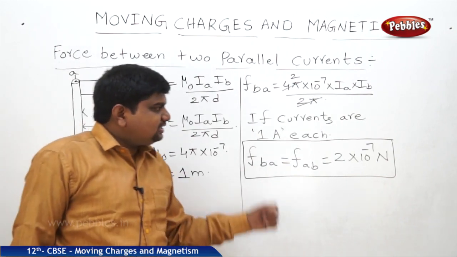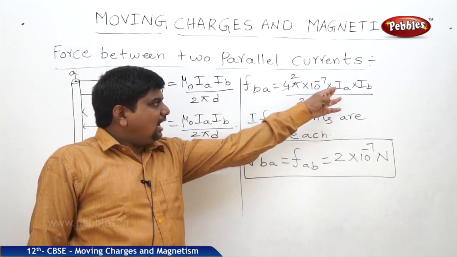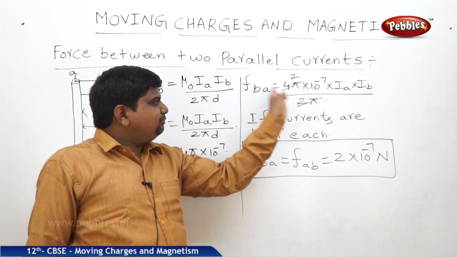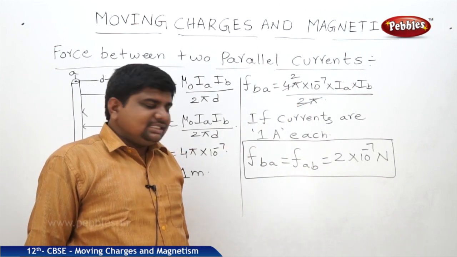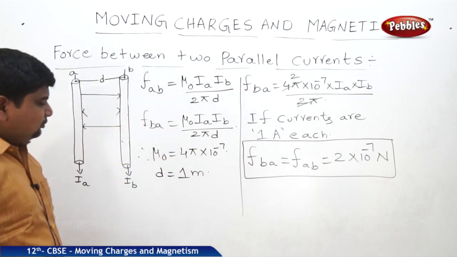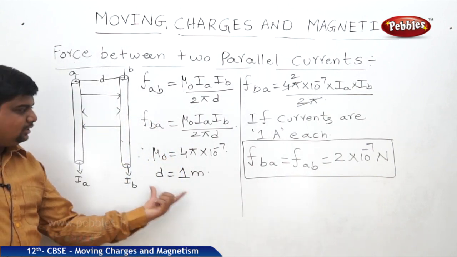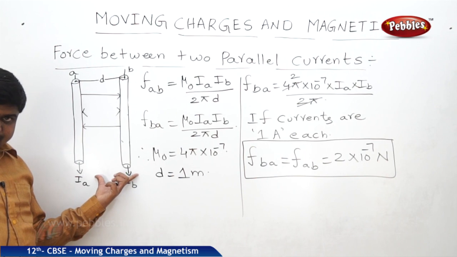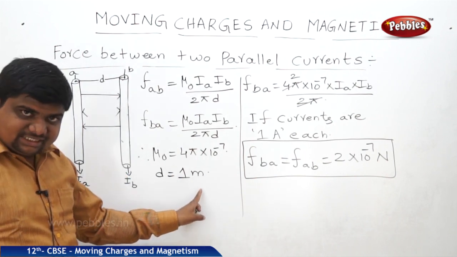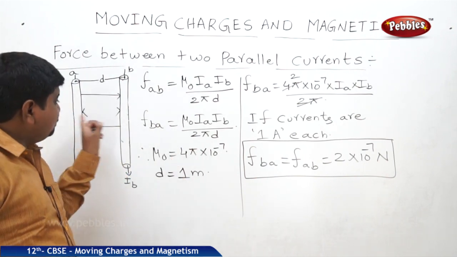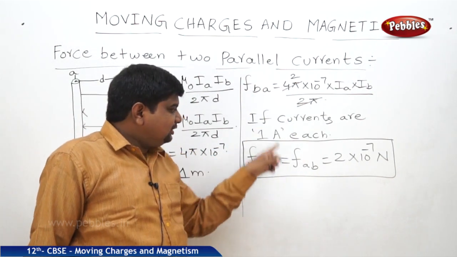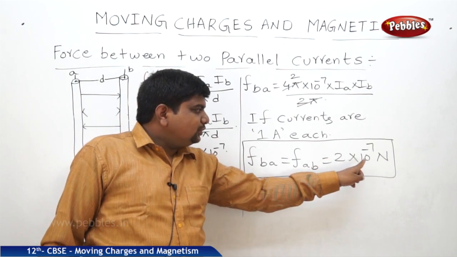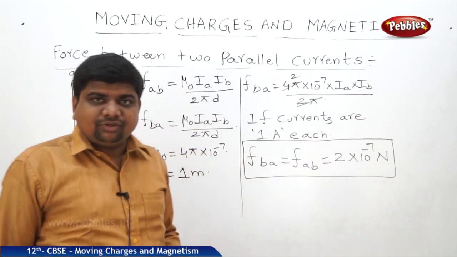From this expression, IA IB is equal to FBA into 2 pi by 4 pi into 10 to the power of minus 7. Therefore, if two conductors carrying 1 ampere of current are separated by 1 meter, then the magnetic force per unit length is 2 into 10 to the power of minus 7 newtons.